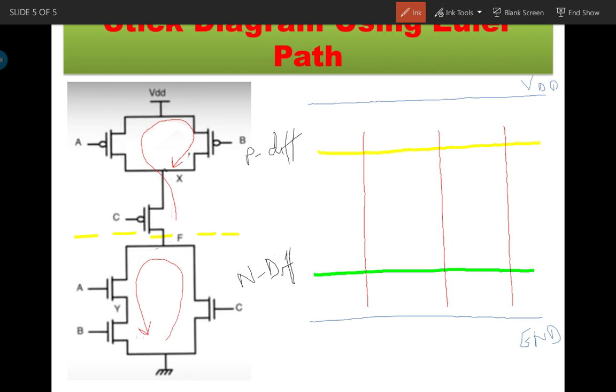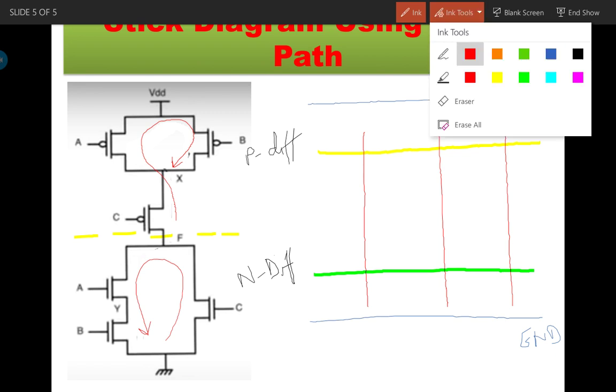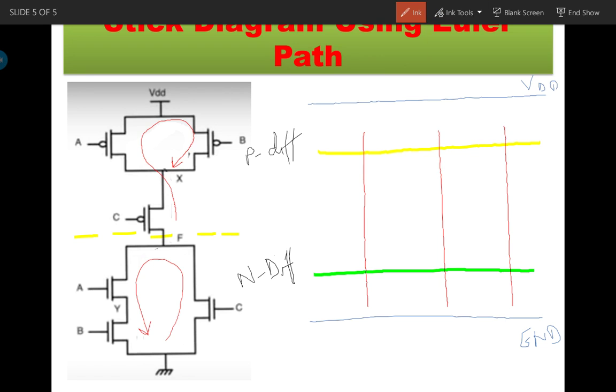Okay, so we will name them with the connection. So this forms the A input. On the upper side this A is for the PMOS, and on the lower side this A is for the NMOS transistor.